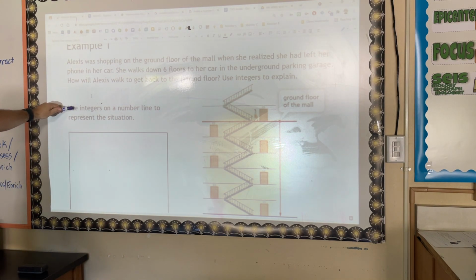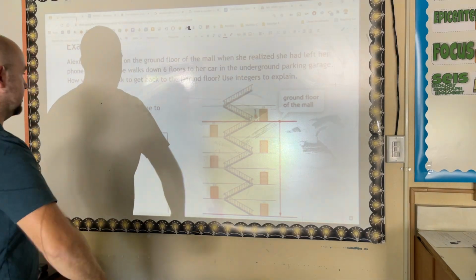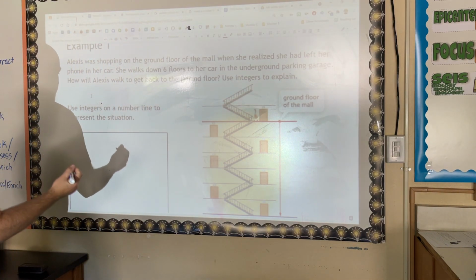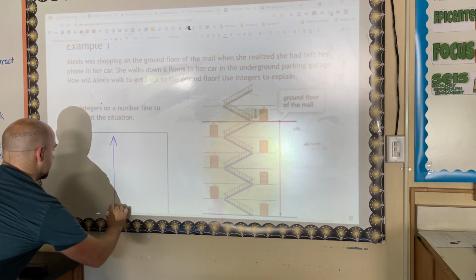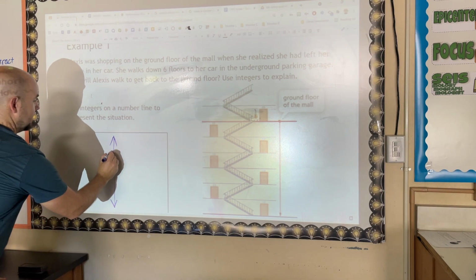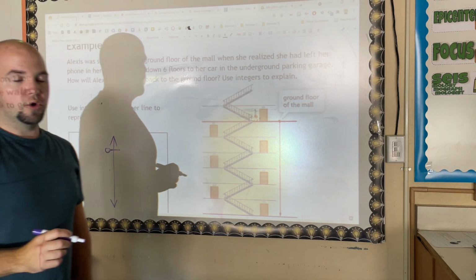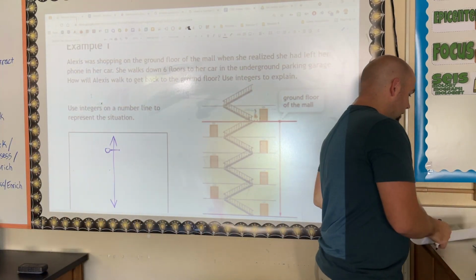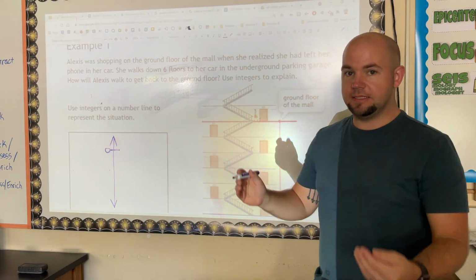So it asks us, use integers on a number line to represent the situation. What does it look like? We can make a number line. It's kind of dry. I can write on it. So on a number line, she starts at 0, which is what we can use to represent our ground floor. What she's going to do is go down.